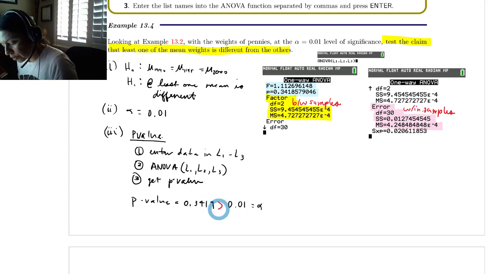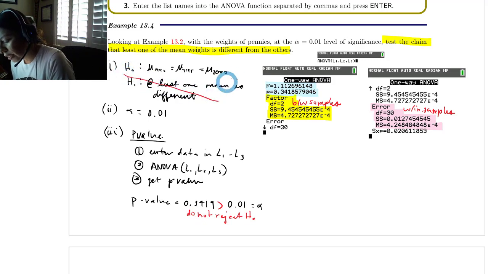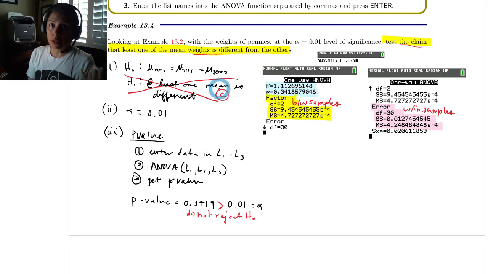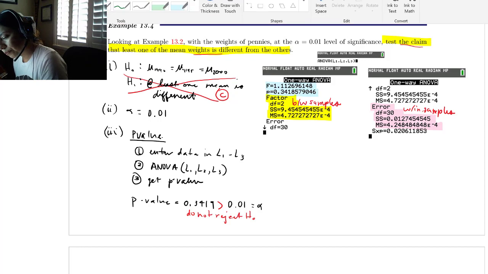And when the p-value is greater than the alpha, we do not reject the null, right? And so if we do not reject the null, then we have to reject the alternative. And notice the alternative was the claim. So if we rejected the alternative, which was the claim, is there enough evidence to support the claim, right? And no.